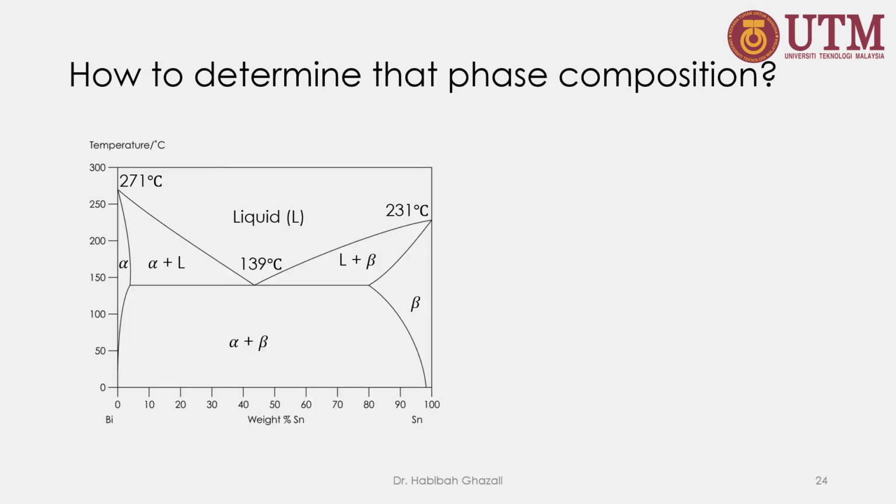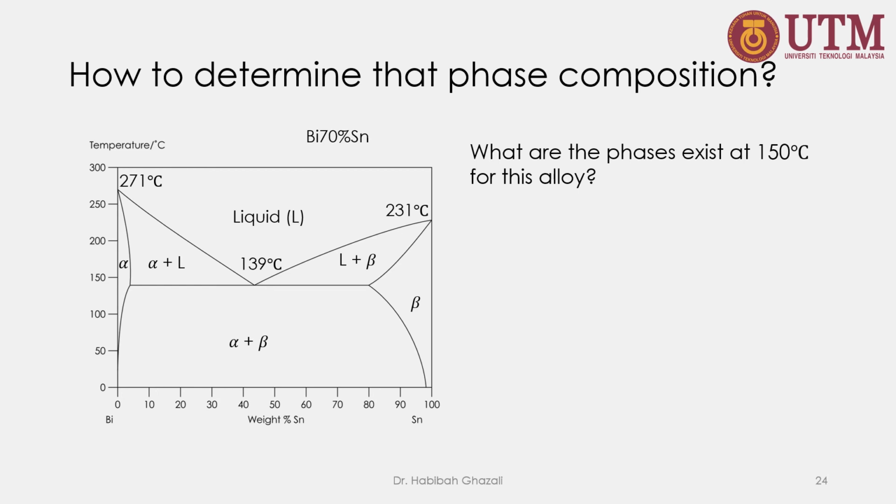Similar to the isomorphous system, I can use a tie line to determine the phase composition at any point in this phase diagram. Let's take, for example, the alloy that consists of 70% tin and 30% bismuth. I want to know what phases exist at 150 degrees for this alloy.